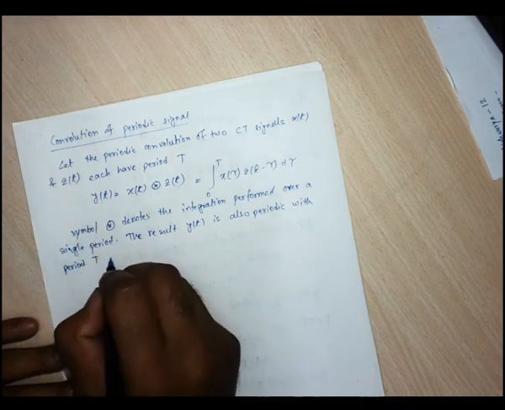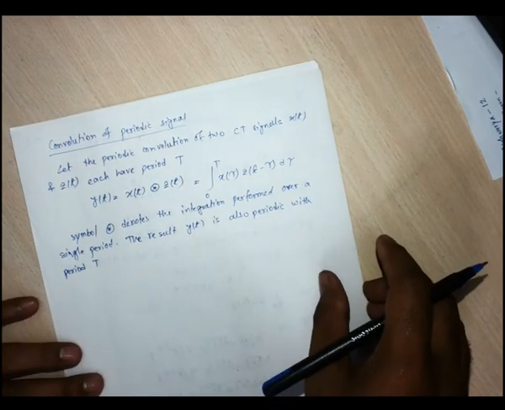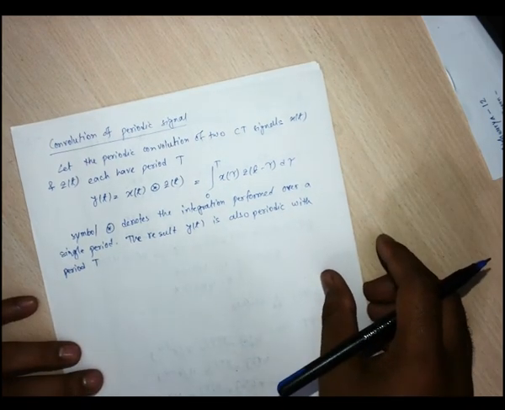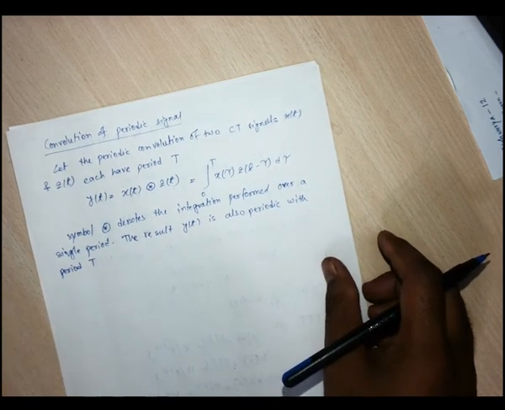With period T, the result y(t) is also periodic with period T. When we consider periodic signals, we need to consider the Fourier series rather than the Fourier transform, because the Fourier transform is for aperiodic signals and the Fourier series is for periodic signals.